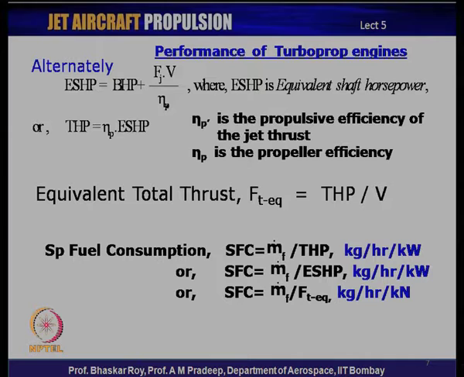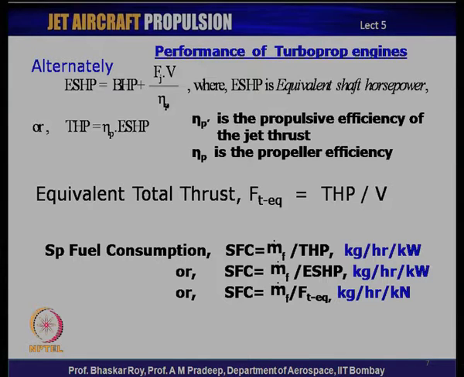Now, this is converted with a small propulsive efficiency of the jet thrust, and so we have the second term, which is basically a thrust power converted to power, which is then added up to the shaft power, and the two of them together makes up for what is also known as equivalent shaft horsepower or ESHP.